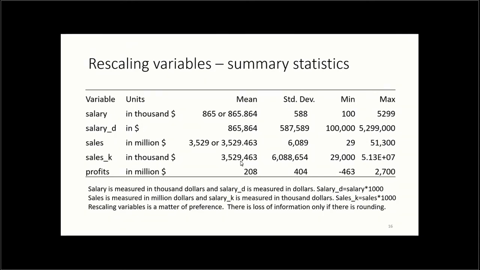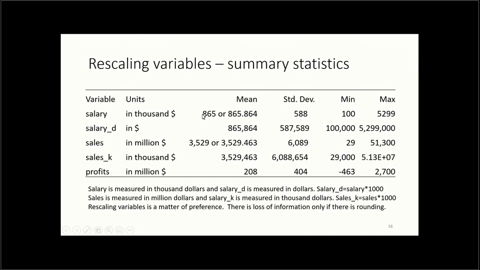So if we compare the mean for salary in $1,000 and the mean for salary in dollars, notice this is the comma and this is the dot because this is in $1,000. That's how it's measured. We basically have exactly the same number.